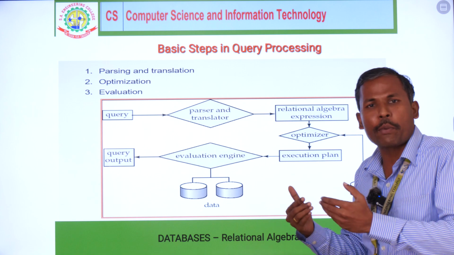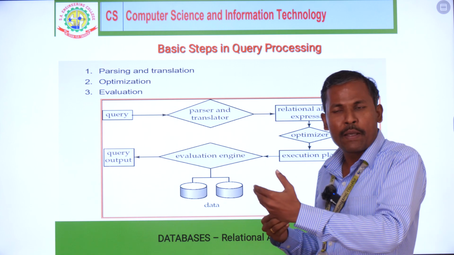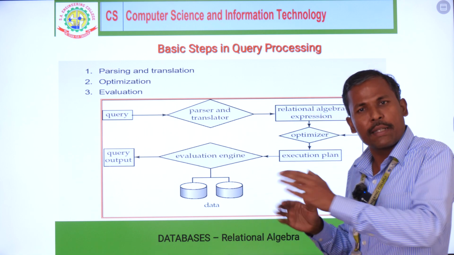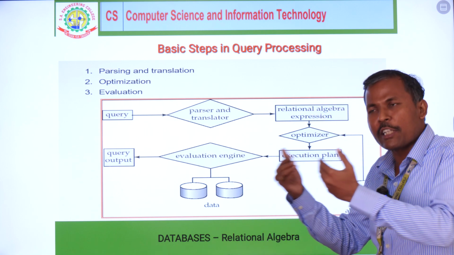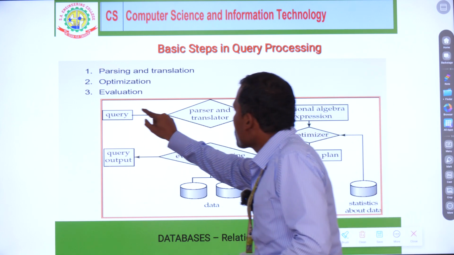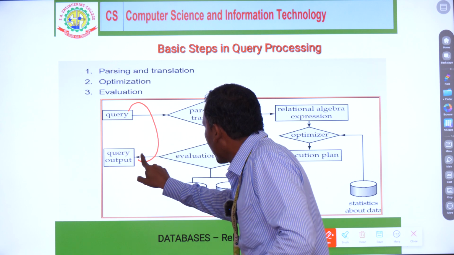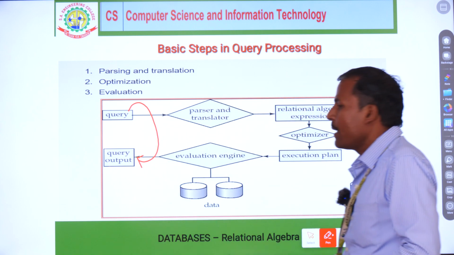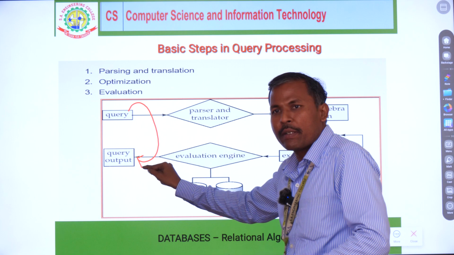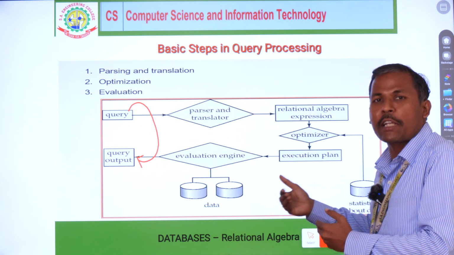The SQL query I give to the system is select star from student. That's it. I give a query, I get the output, which is all data from the student table. So these are the steps behind query processing, what is actually happening.